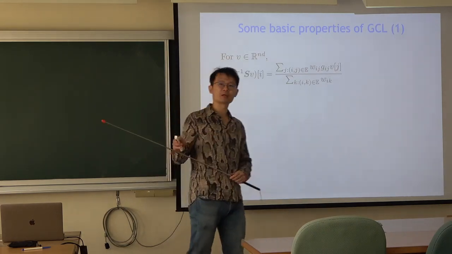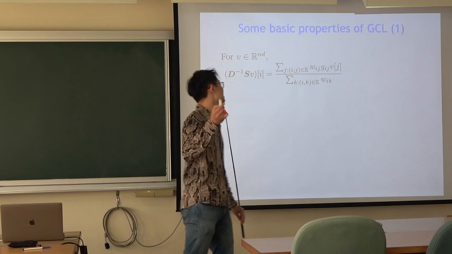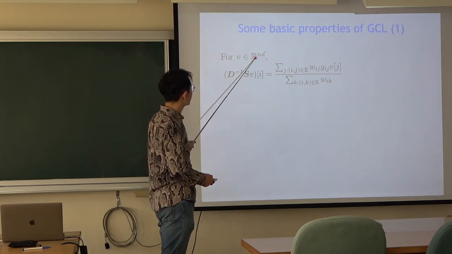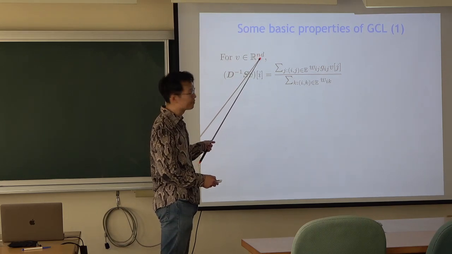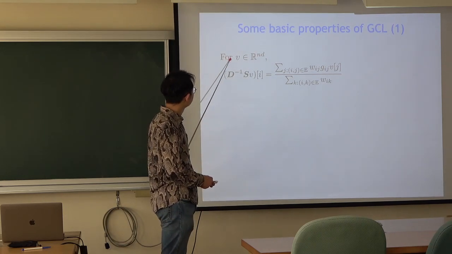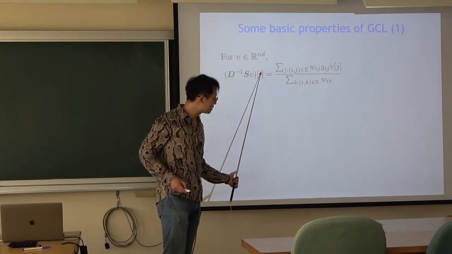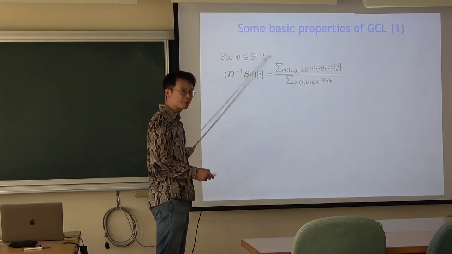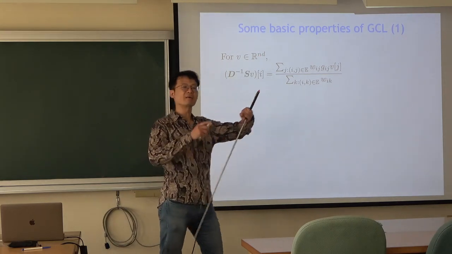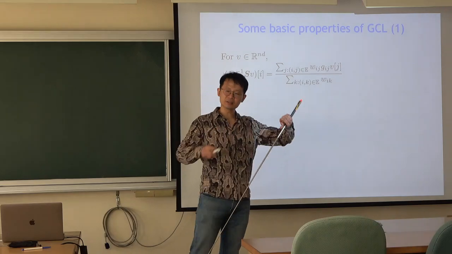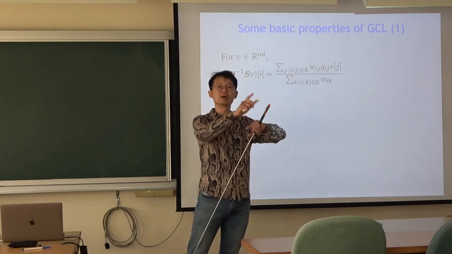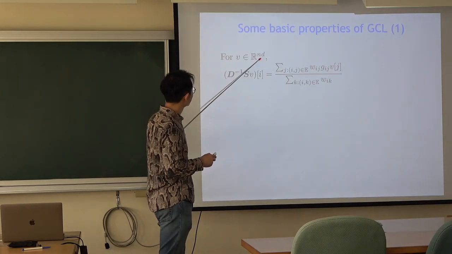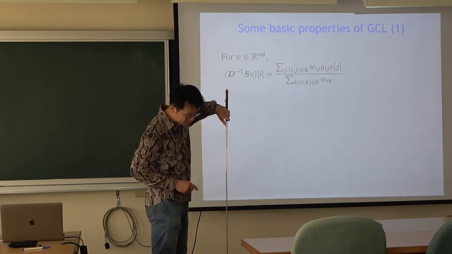Okay, so there are some basic properties of graph connection Laplacian. For example, you have a vector v of size nd, sorry, not n by d, n times d. For a vector of size nd, you can view it as a block vector of size n with block size d, right?